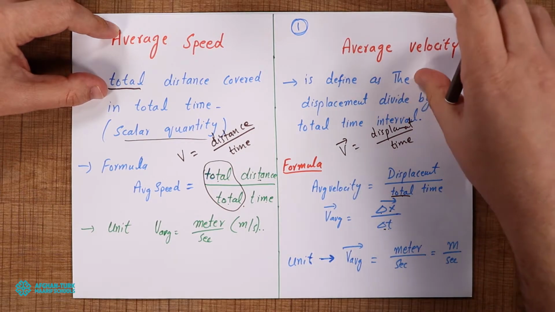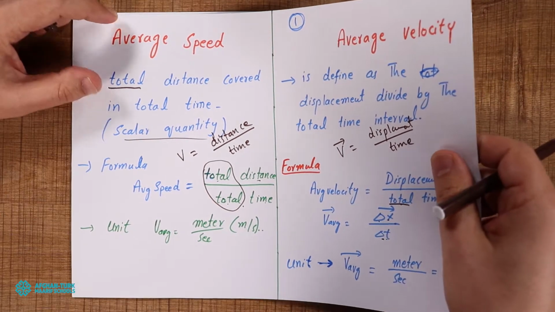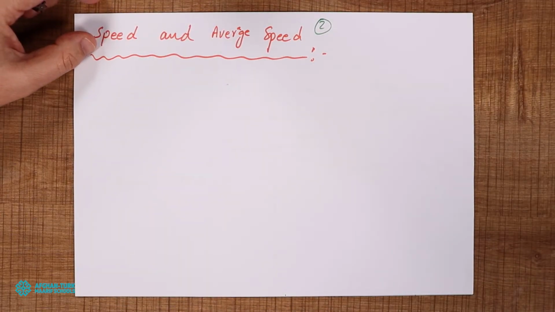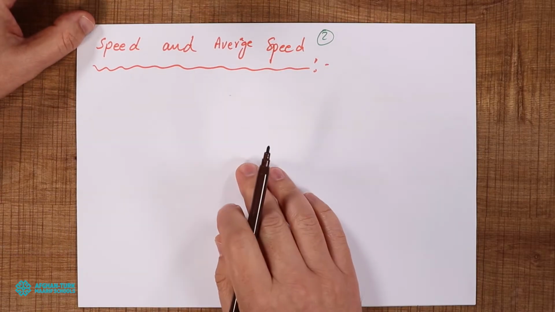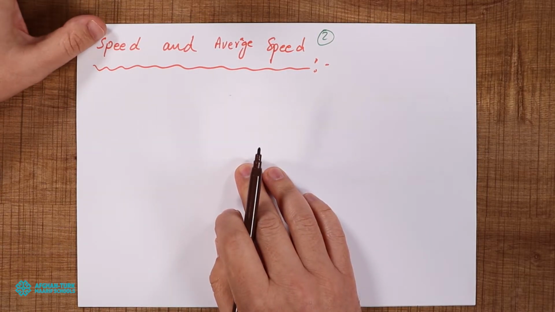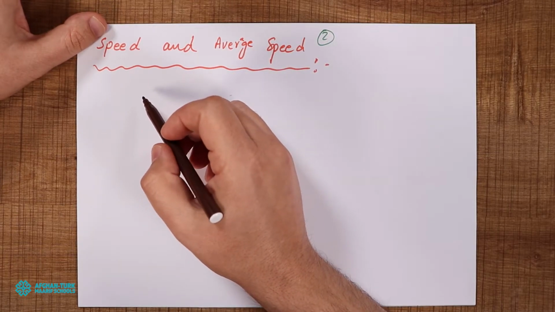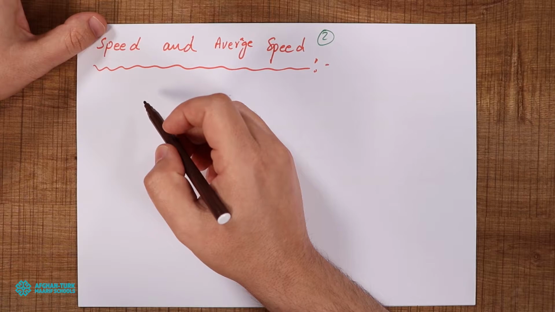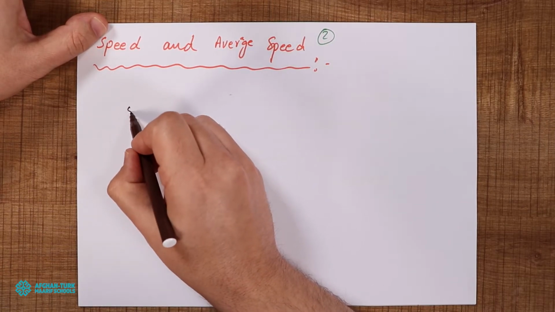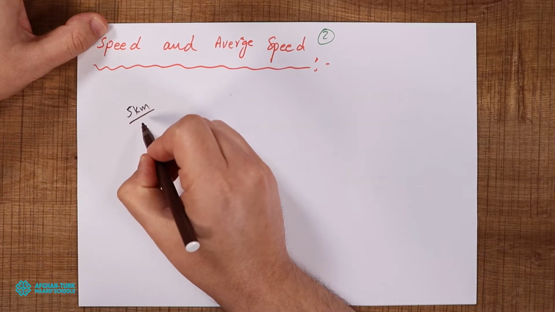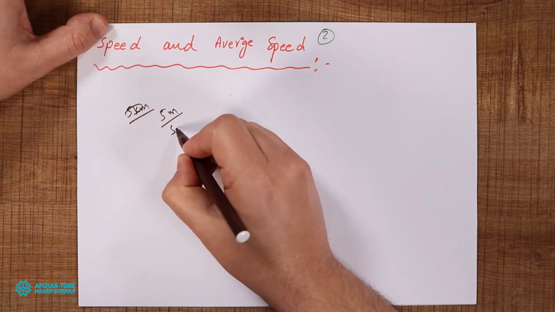Now we are going to discuss an example to see the difference between speed and average speed. Just a simple example. Suppose an object or a human body is moving at 5 meter per second.